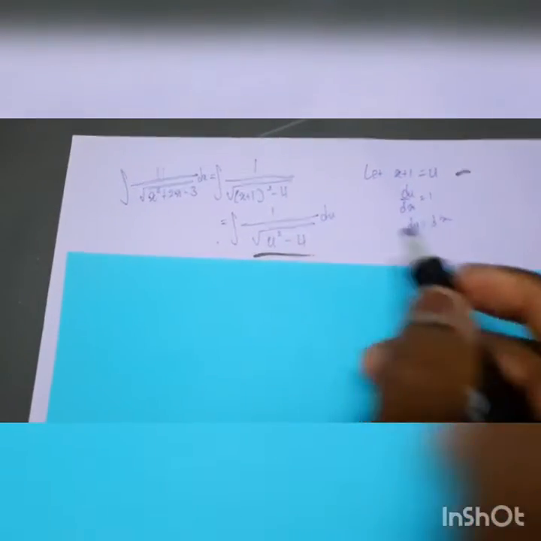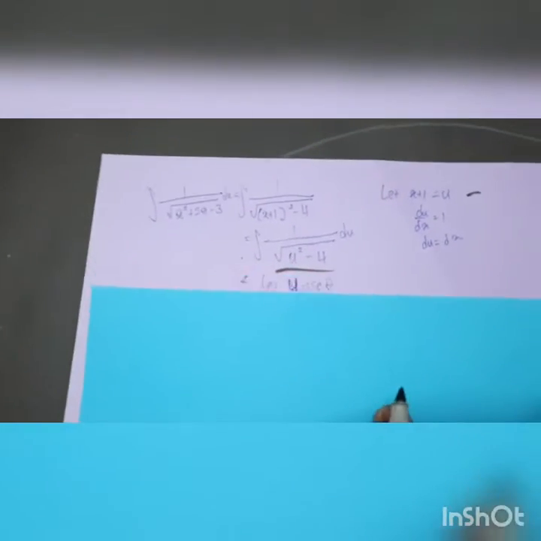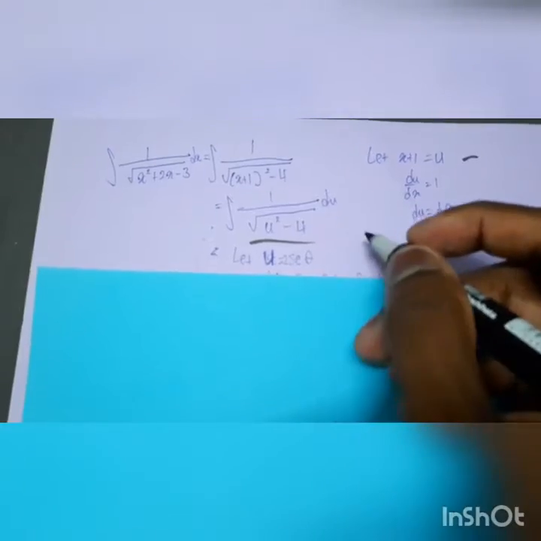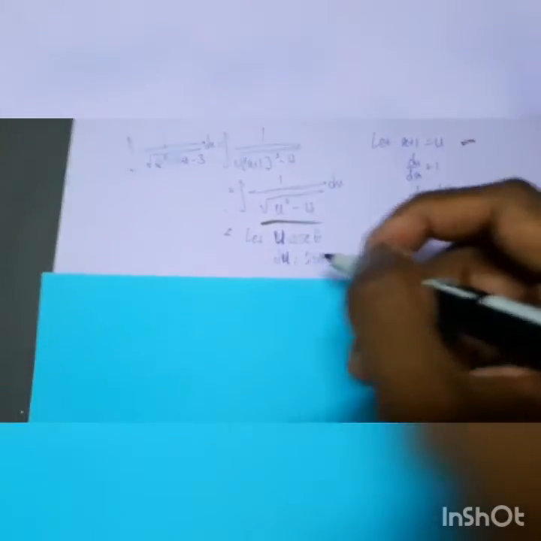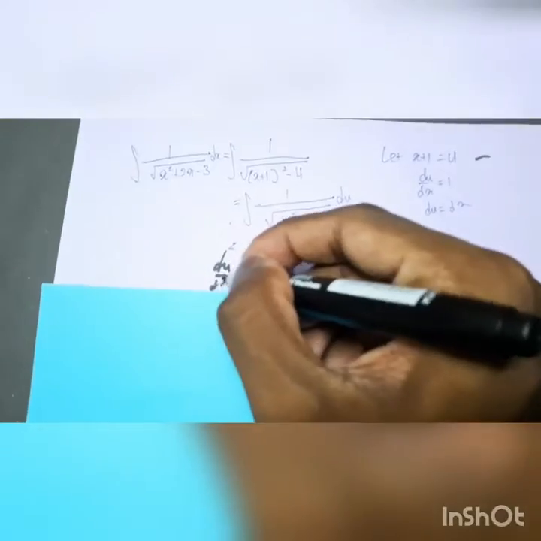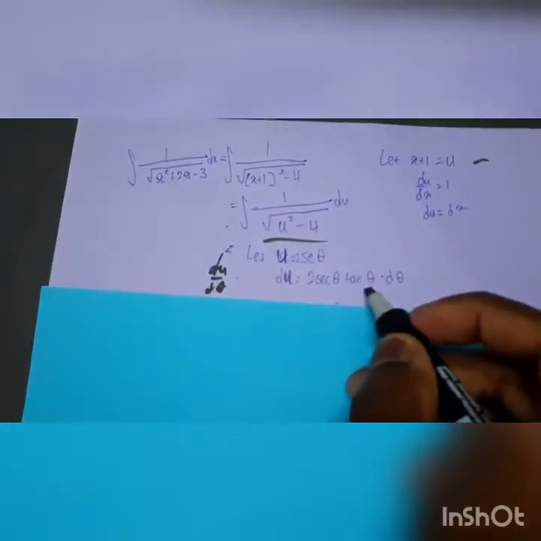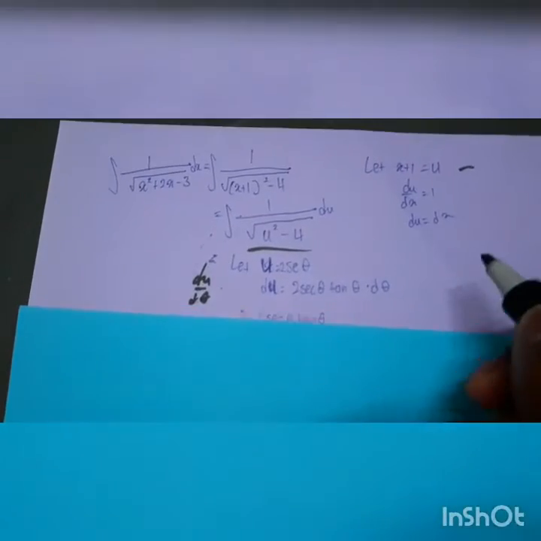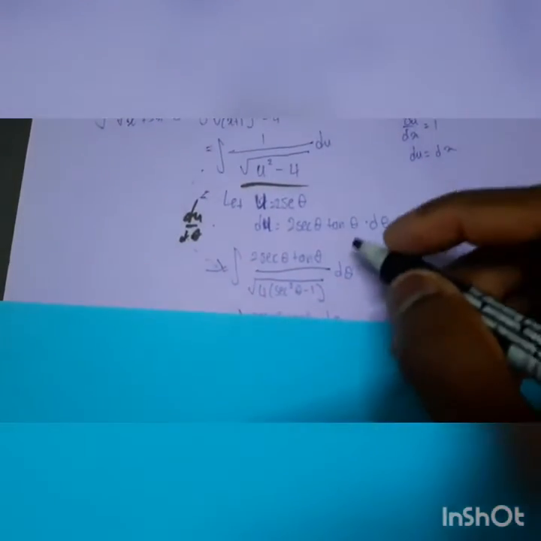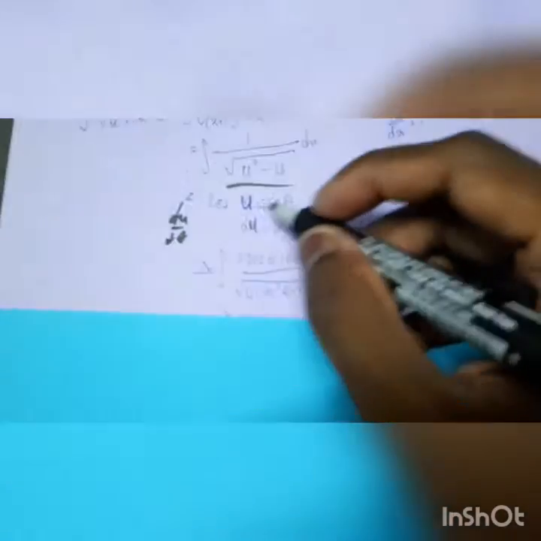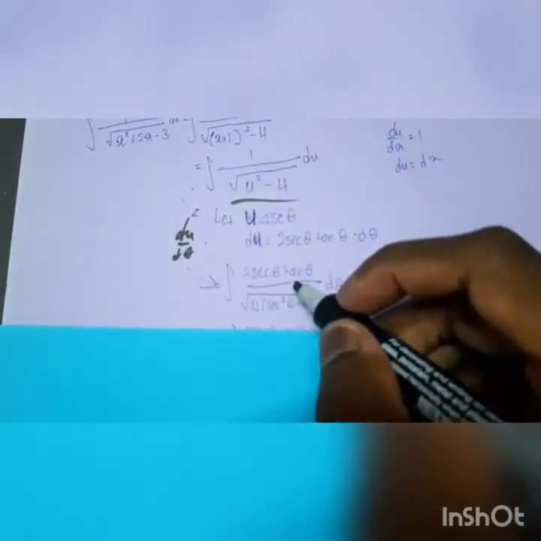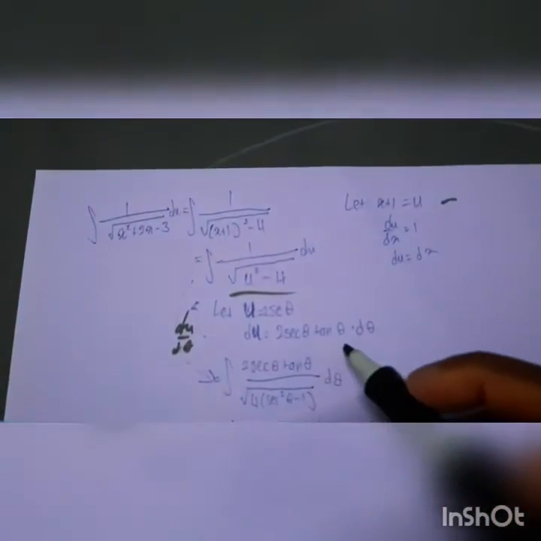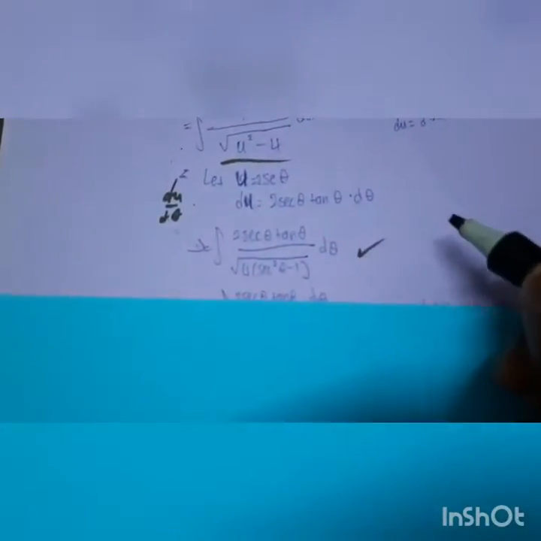Okay, so we would get this, and then we're going to let u equal 2 sec theta, and when we differentiate, du over d theta, we will get 2 sec theta tan theta, and we bring d theta over to the right. By substituting u equals 2 sec theta and du equals 2 sec theta tan theta d theta, you will get this.